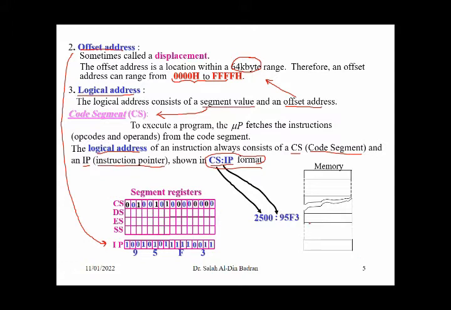For example, this is in memory, this is our logical address, this location in memory. So CS and IP, this is the logical address. The offset address is contained in IP, as we saw. In this example, it is 94F3 in hexa.